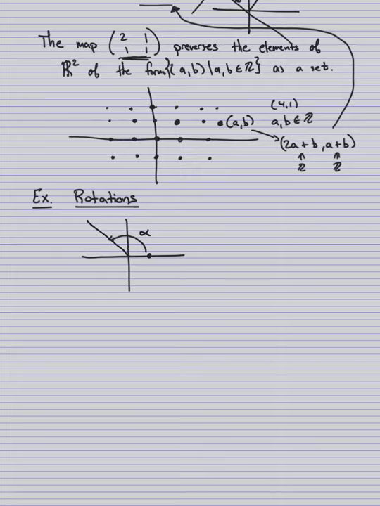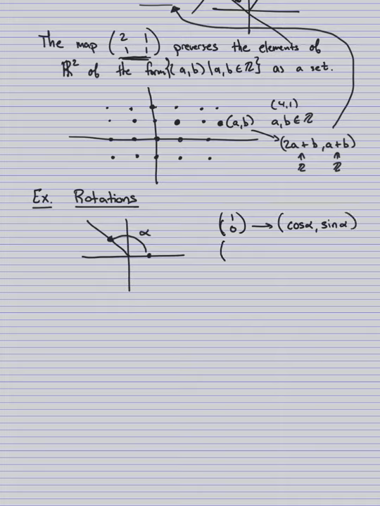I'm going to write this in the standard basis, and I'll write it as a column vector now. I'm going to try to get in that habit. So (1, 0) goes to the point on the unit circle rotated by alpha, which, since we're on the unit circle, has x-coordinate cosine alpha and y-coordinate sine alpha.